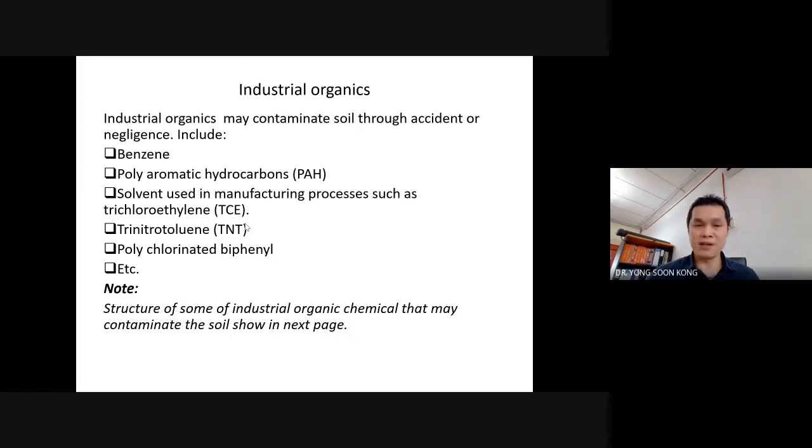So as far as I know, anything that contains a benzene ring poses a risk of cancer. So it doesn't have to be benzene itself. TNT also has a benzene ring. It is a derivative, looks similar to benzene. So there you go. You will have some risk of cancer.